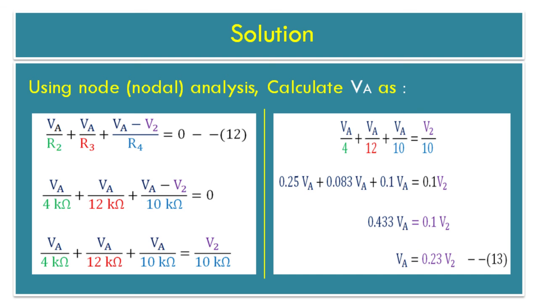Voltage VA upon R2 plus voltage VA upon R3 plus voltage VA minus V2 upon R4 is equal to 0, which is given by equation 12. Now substitute resistance R2 is equal to 4 kilo ohm, resistance R3 is equal to 12 kilo ohm and resistance R4 is equal to 10 kilo ohm. After calculation, we get voltage VA is equal to 0.23 into voltage V2, which is given by equation 13.